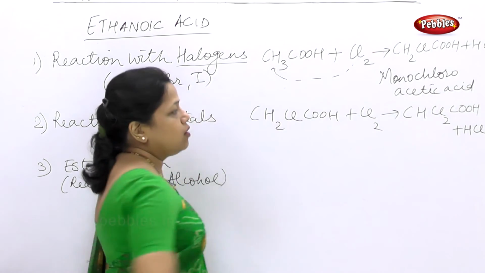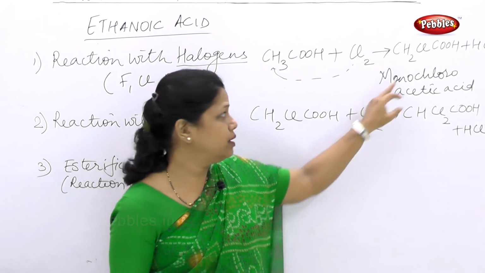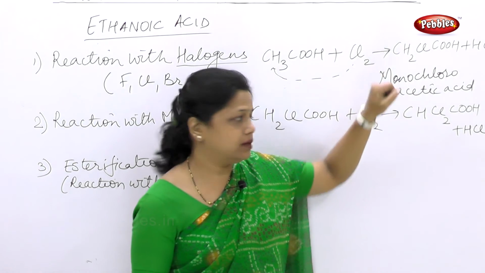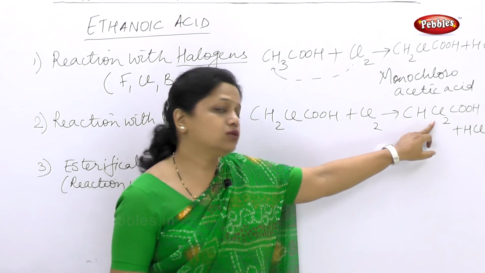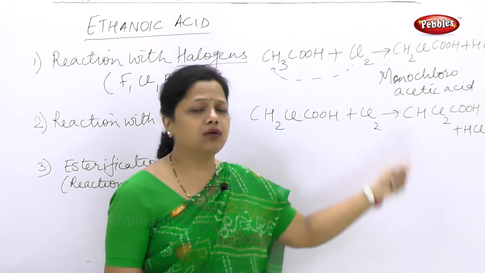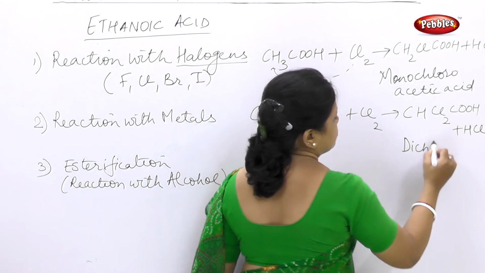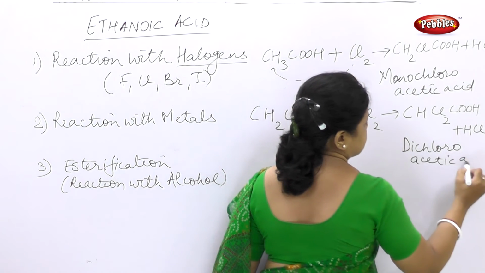Now what will be the name of this product? Here how we named it? Because there was one chlorine in the acetic acid, so monochloro we said. Now here how many chlorine is there? There are 2 chlorine atoms. So what we can say? Dichloroacetic acid. Right, dichloroacetic acid.